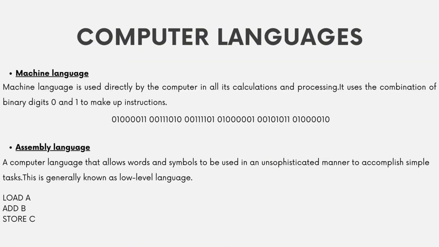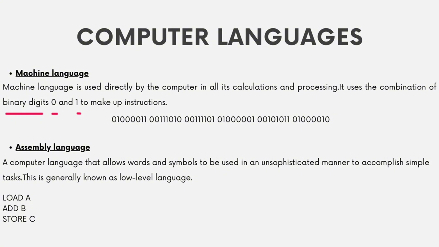Computer language is a language that we use to communicate with the computer. Machine language is basically a language which consists of 0 and 1, or binary. The computer only understands machine language. Next is assembly language.